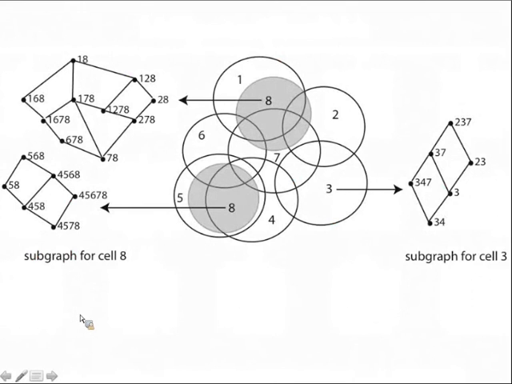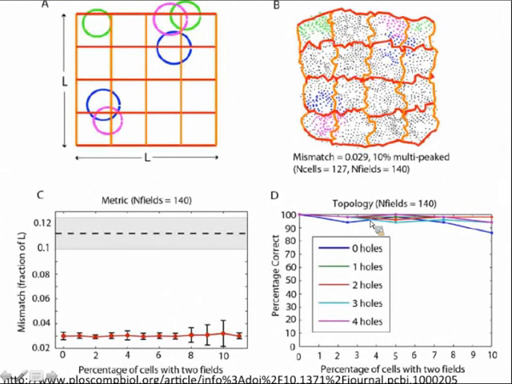And you can use the geometry to do that, and thus you can use that to get your correct topology, even if 10% of your cells are multi-peaked, have two place fields. Even if 10% of your cells have that, you can still get a pretty good match of your topology. So the geometry can actually play back into the topology.